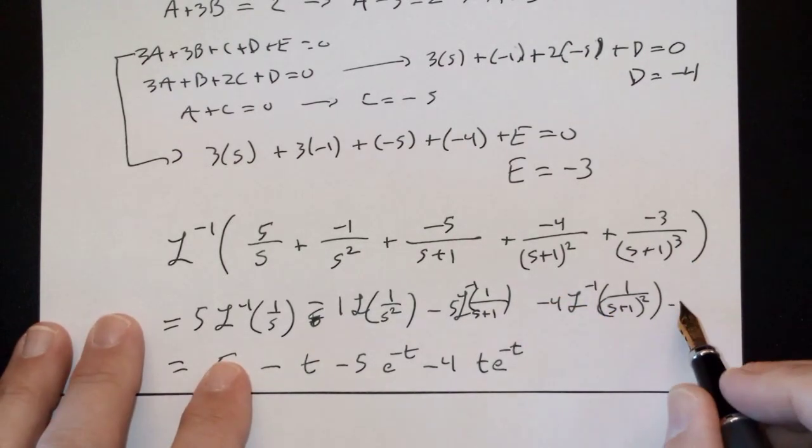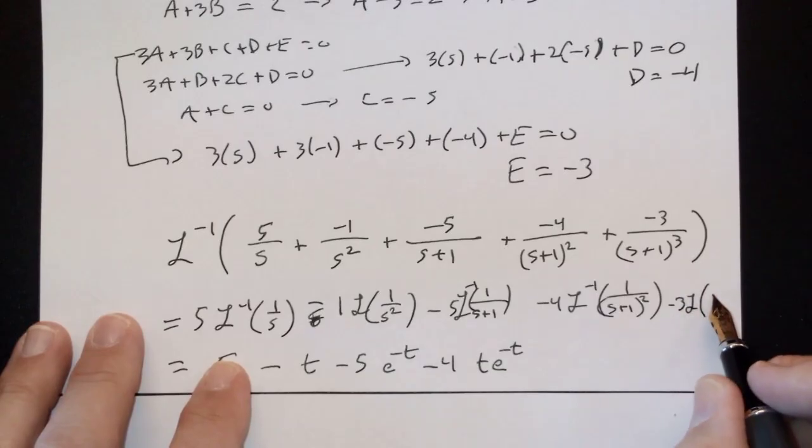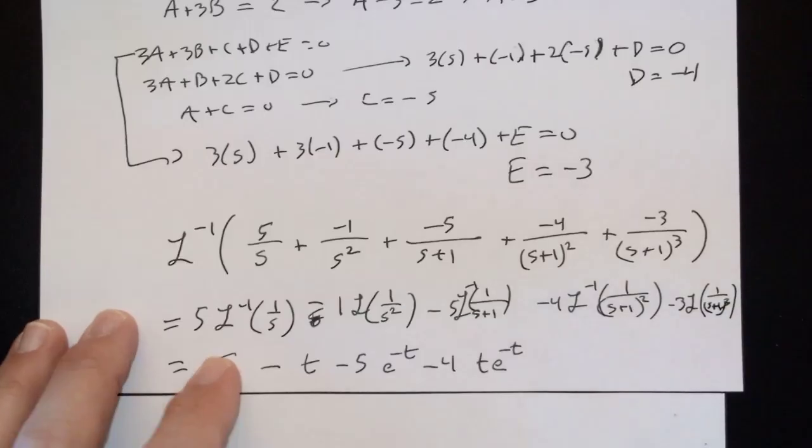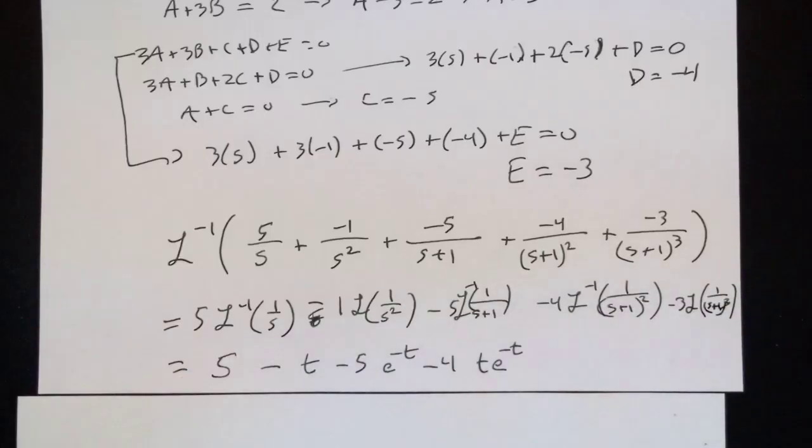And then I get minus 3 Laplace transform 1 over S plus 1 cubed. Wait a second. S plus 1 cubed. It's a cube on the bottom. What should be on the top? But there isn't a 2 on the top. So what do I do?